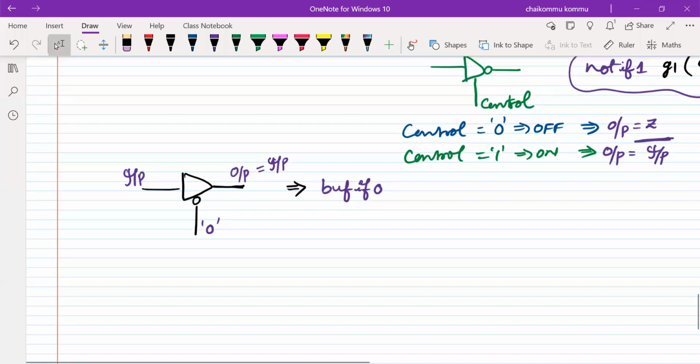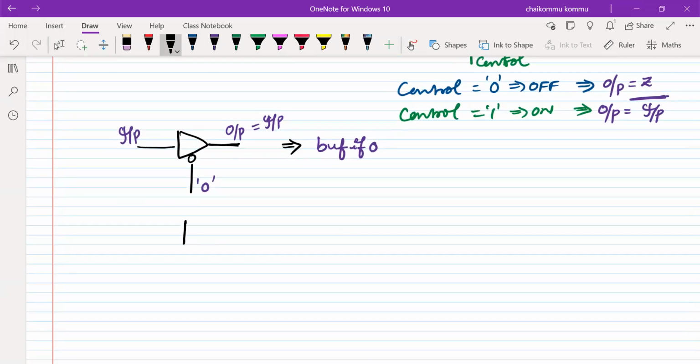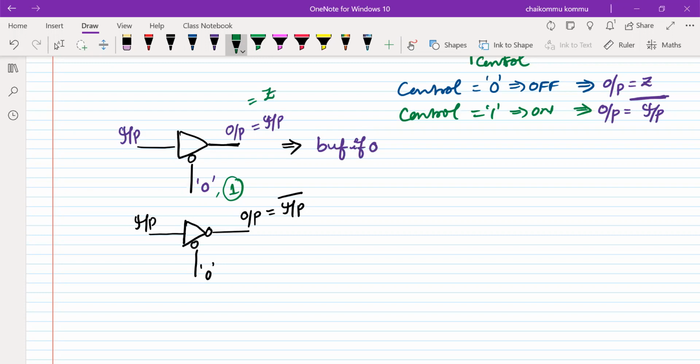Next, similar to this one, we take another gate, the NOT gate, but NOT of the input is possible only if the control signal is at logic 0. If it is logic 0, then the output will be the complement of the input. If it is logic 1, for example, then the output will be high impedance state.